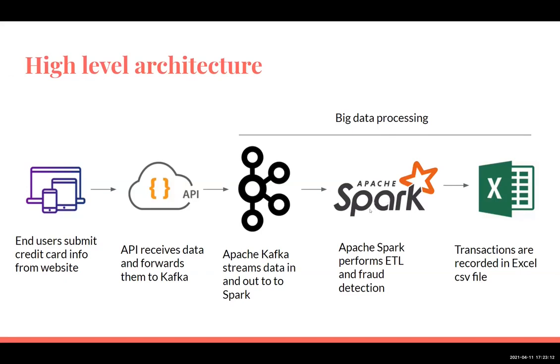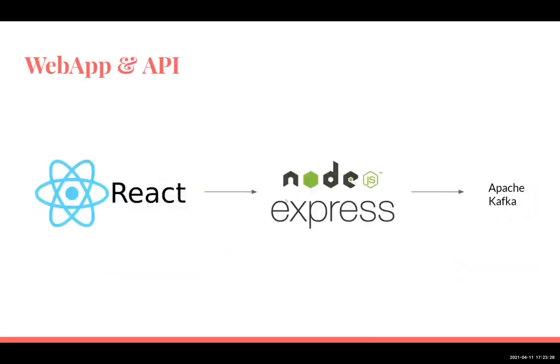This is where it performs the data processing, and our algorithm is implemented here where it detects fraud, and all the results are then appended and loaded into an Excel CSV file, which indicates whether or not the transaction is fraudulent.